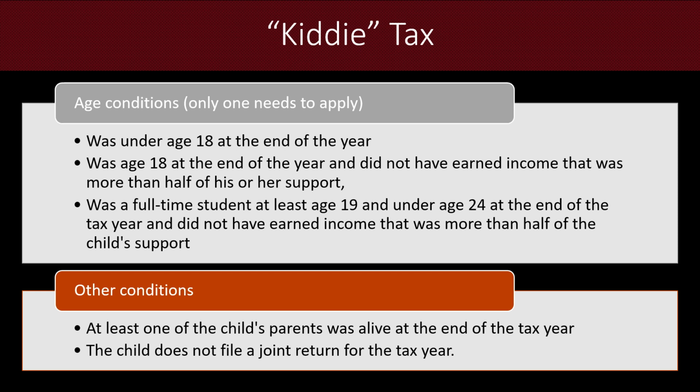Or were they a full-time student at least age 19 and under the age of 24 at the end of the tax year, and did not have earned income that was more than half of their support? So thinking about that situation for those scholarships and fellowships that are considered unearned income. Then the other conditions for this would be that at least one of the child's parents is alive at the end of the year, and the child is not filing a joint return for the tax year.